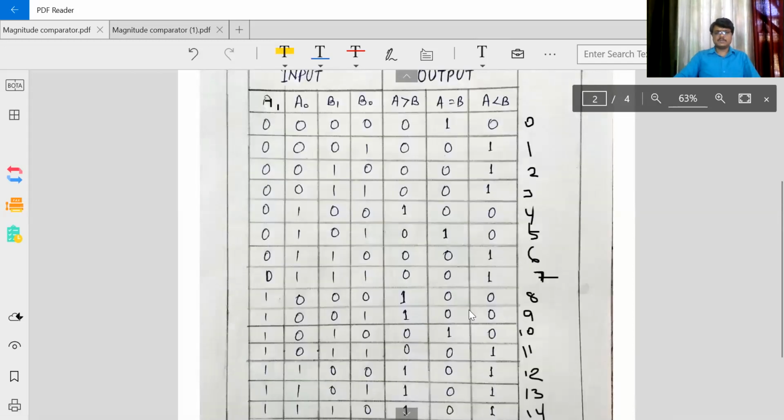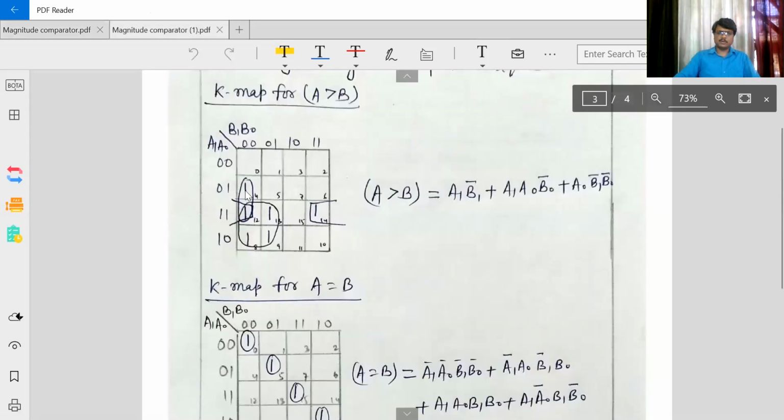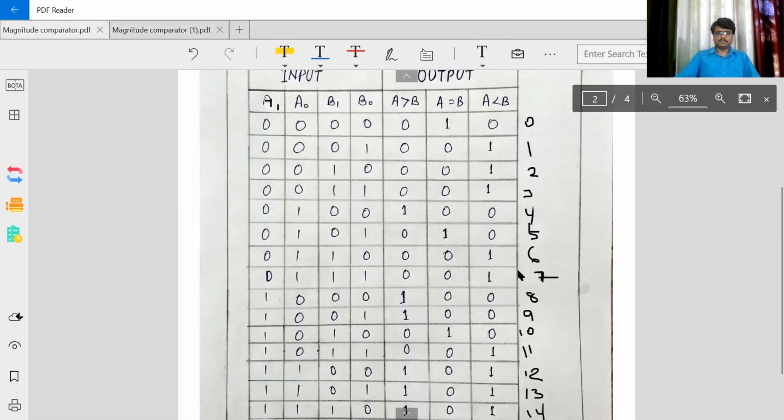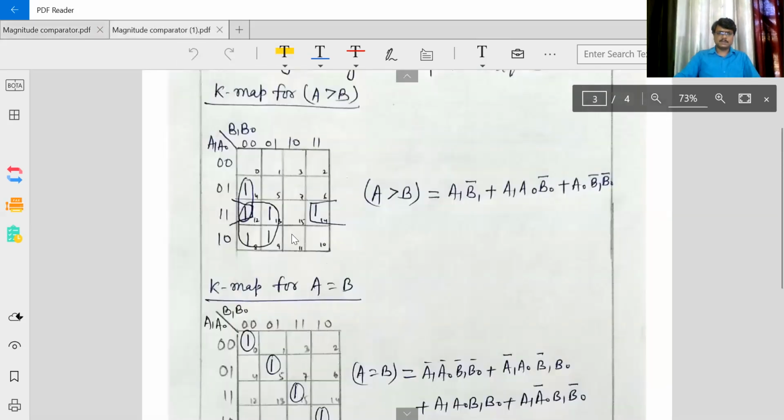Okay, so let us see. A is greater than B, 1 is at position 4, so this one is high. Again you can see after 4 it is high at 8 and 9.